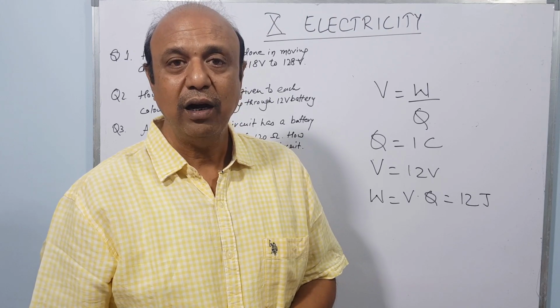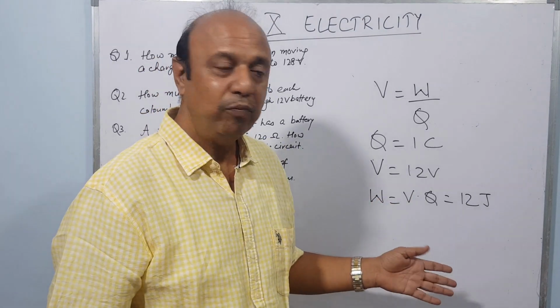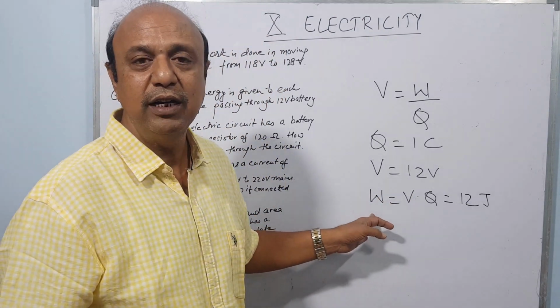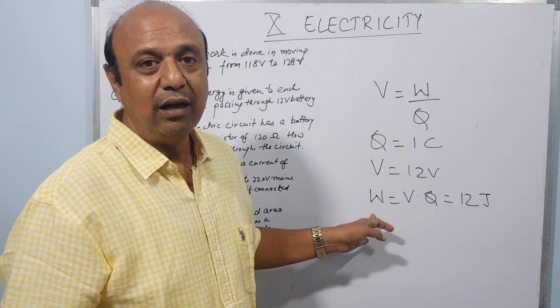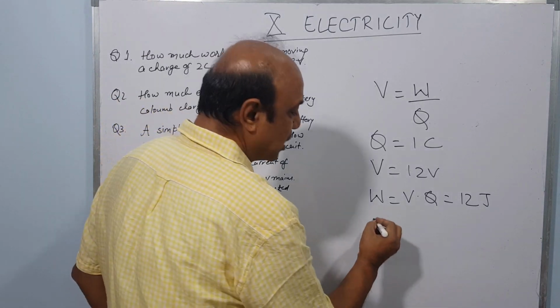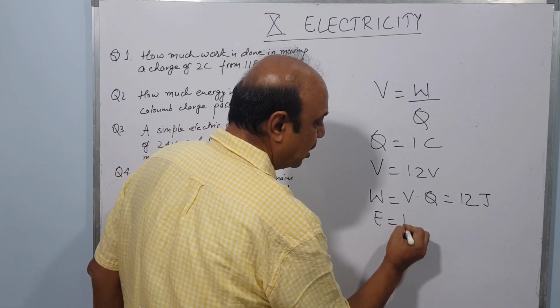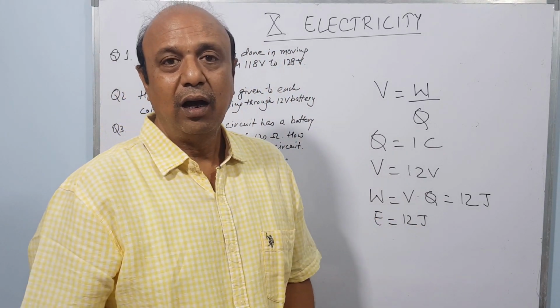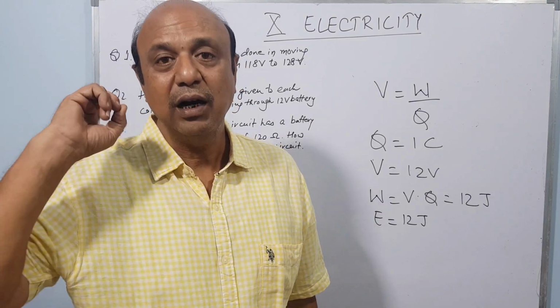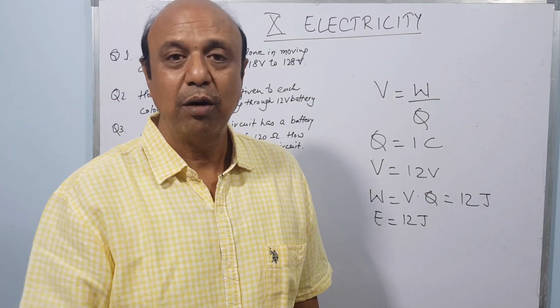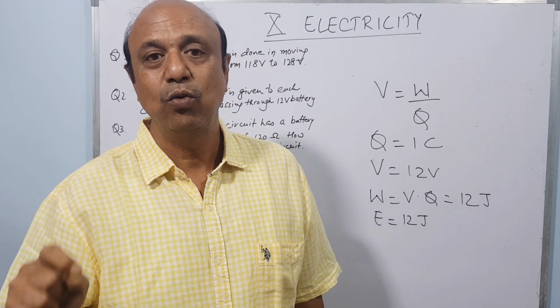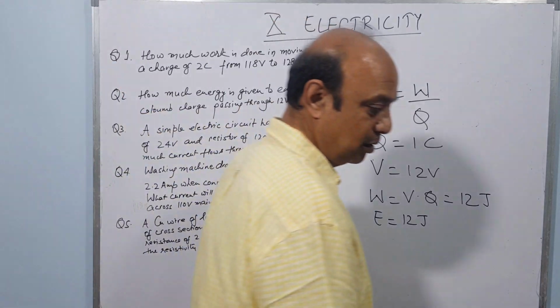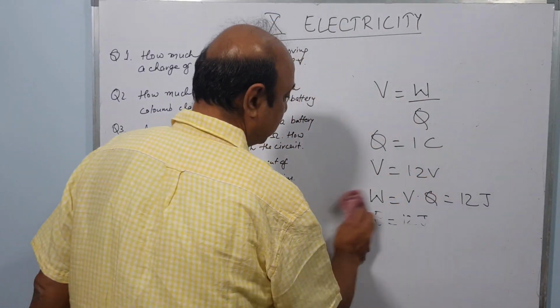They are free to air. You can refer to them, and that makes your answer so very easy. So energy passed on to each coulomb is 12 joules. But for that, we have to remember that energy is the capacity, the ability, to do work.